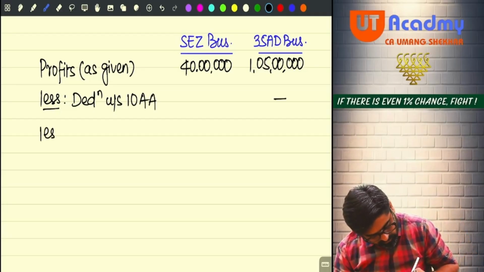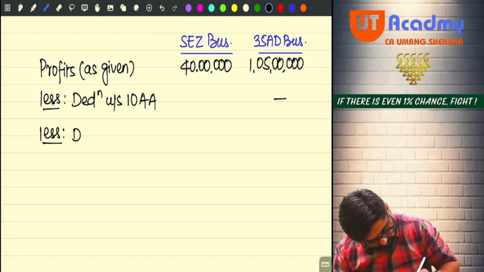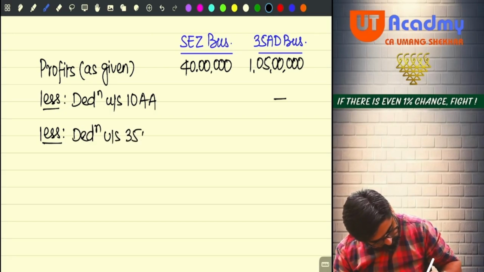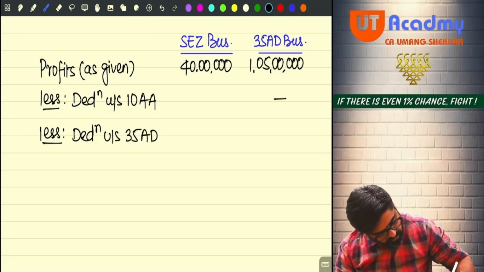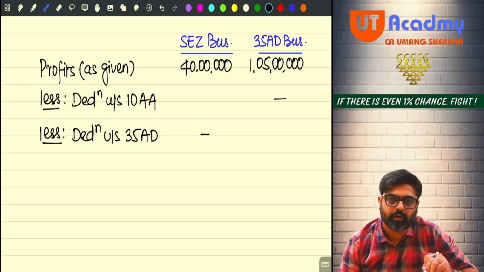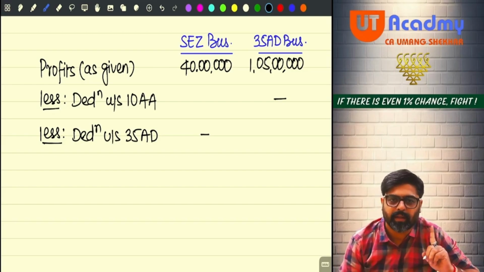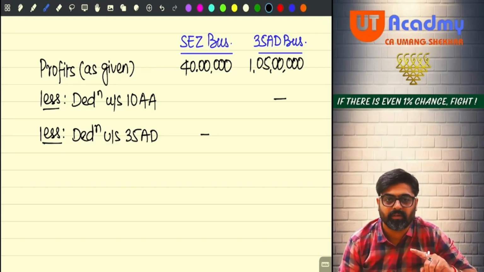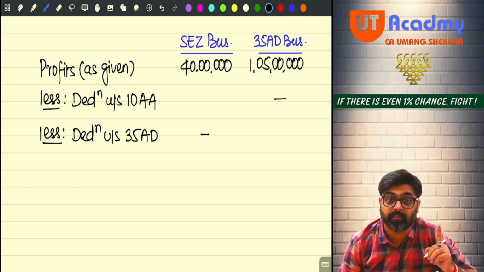I will take 35 AD deduction not from the first one, but from the second one. Now pay attention. Do you remember I taught you 35 AD? That time I told you if you are claiming 35 AD for a specified business, then you cannot claim 10AA for that same business.